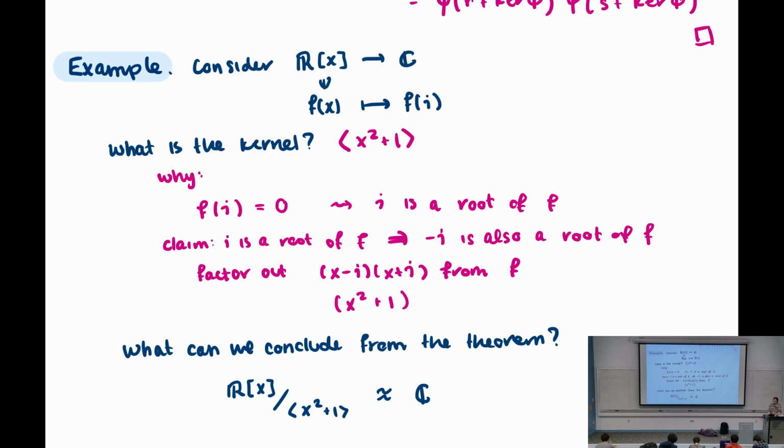We didn't give this map a name, but let's call it phi. So the image is phi of R[x] equal to C.